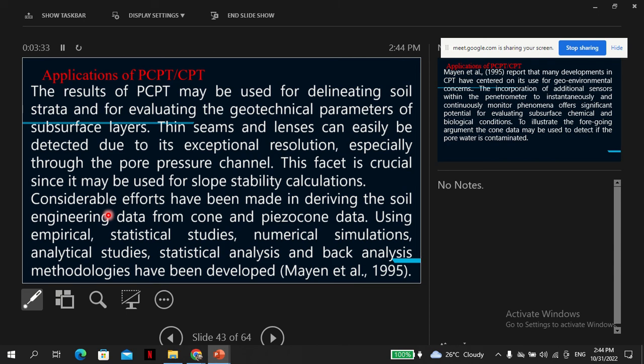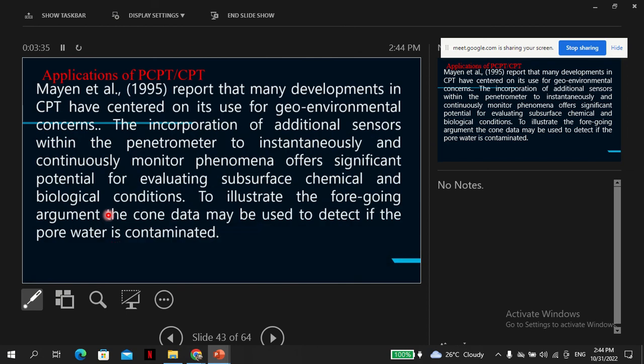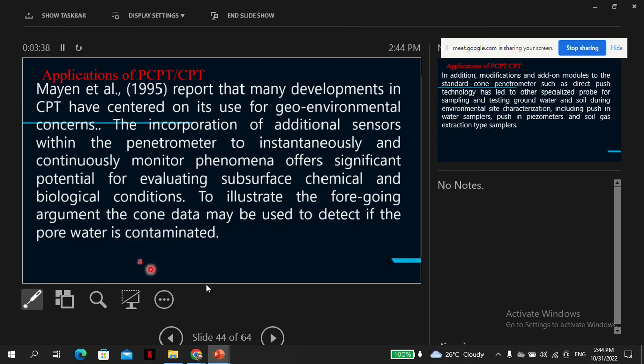Mayne 1995 reported that many developments in the CPT have centered on its use for geoenvironmental concerns.